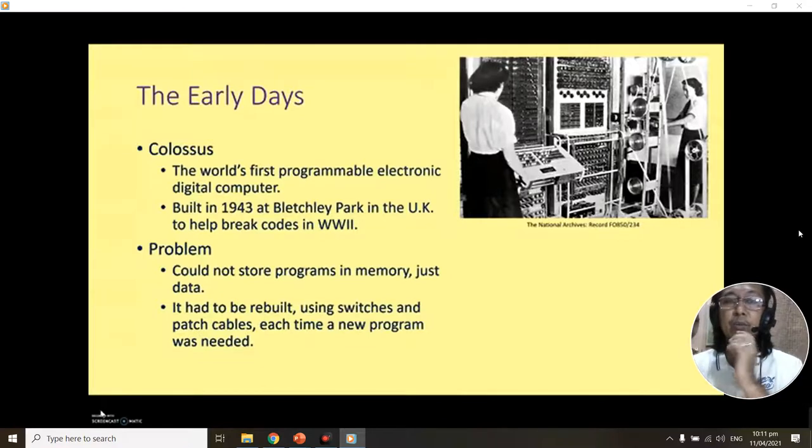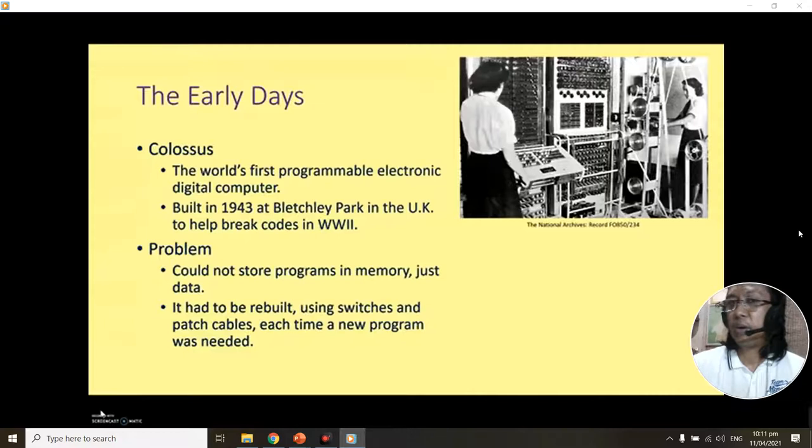No problem with the Colossus, because it's a special purpose machine. That's all it does, is just to break some codes, German codes. But the ENIAC is supposed to do something else, some computations. So that's the main reason why von Neumann came up with that architecture.